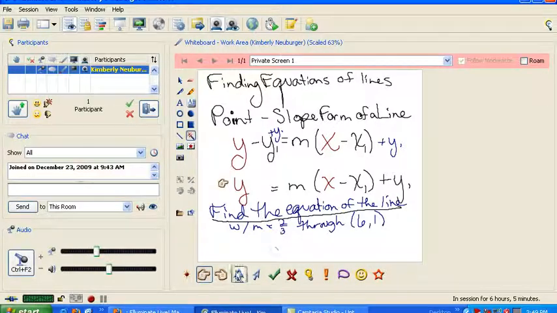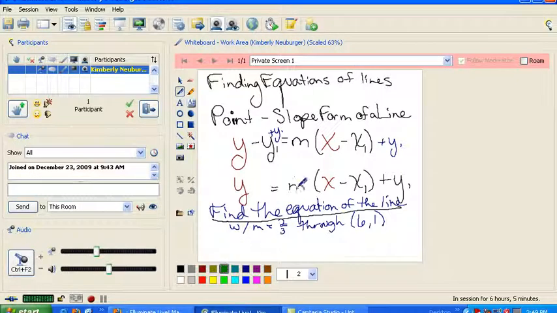Now, it says that our slope here is 2/3. That means we're going to replace this m here with 2/3. It also gives you a point here. That point is going to be your x1 and your y1. So this x1 is going to be replaced with 6, and the y1 is going to be replaced with 1. What we end up with is y equals 2/3 times x minus 6 plus 1.